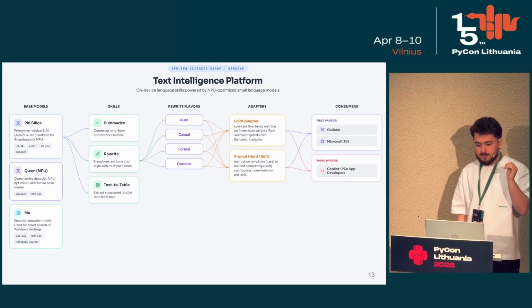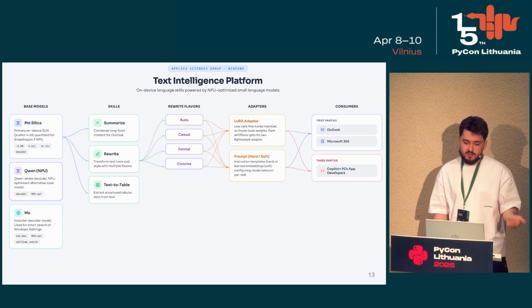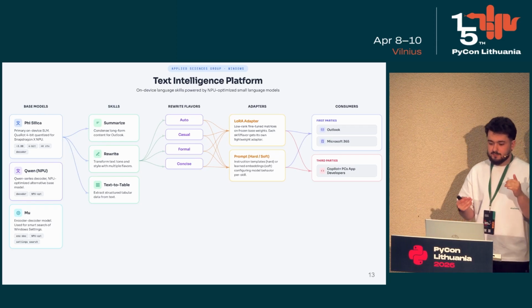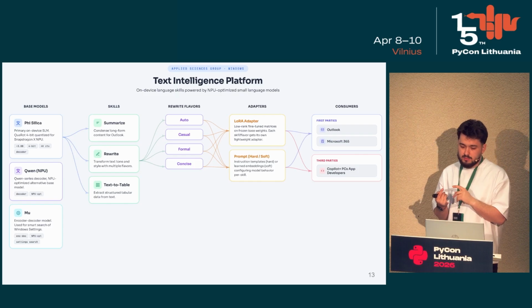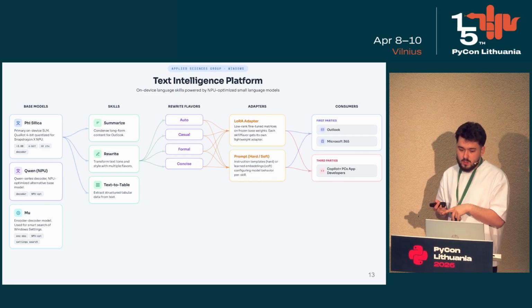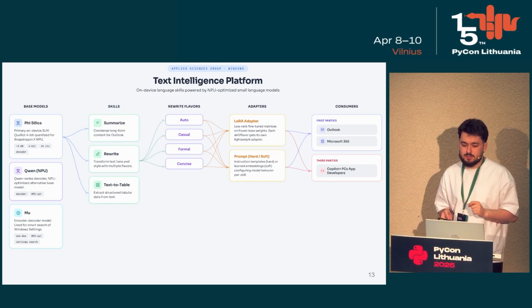And for every skill, we have some flavors. For rewriting, we have auto rewrite, casual, formal, and concise. Each flavor is basically parameterized either by a prompt, which can be both a hard prompt and a soft prompt, or by a LoRA adapter. We will cover all of those adapters a bit later.